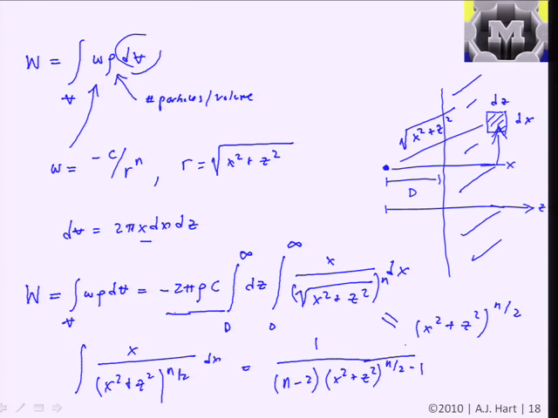Because we'll get an n over 2 minus 1, and then we'll get a 2 when we are integrating with respect to x, and that'll make this n minus 2, and then we're just subtracting 1 from the exponent over there.